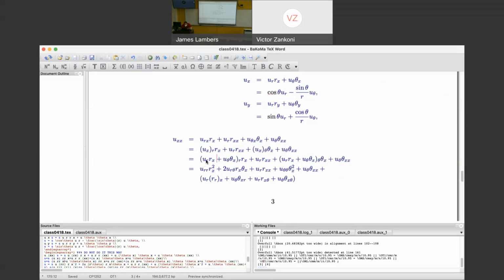Now, from here to here is where things get off the rails a bit, because I have to take a derivative of this whole thing in parentheses with respect to r. And each term in here is a product, so I would have to use a product rule on each one of these terms. So taking a derivative of this whole thing with respect to r should give me a total of 4 terms coming from here.